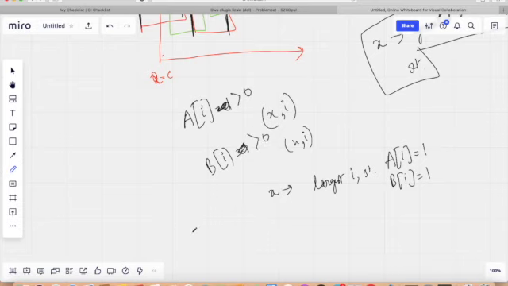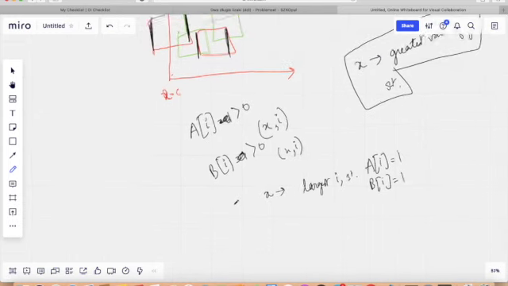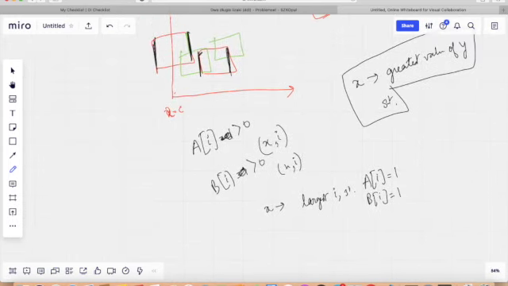Well, this helps in maintaining the data structure because now our events just correspond to, when we reach the beginning of a rectangle, a range update, a range plus 1. So let's say this is L and this is R. In our segment tree, for the range L to R, we do a plus 1, and when we reach the ending point, we just do a range minus 1.